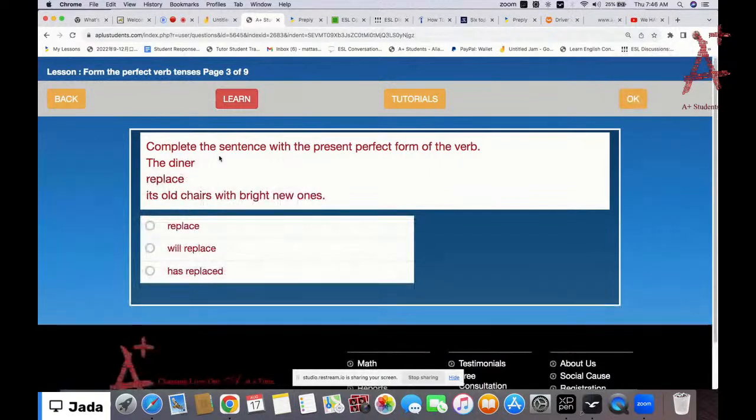Okay, now the dinner dash replace its old chairs with bright new ones. So what's gonna be the answer here? Present perfect form. So let's see which one will be the correct answer.